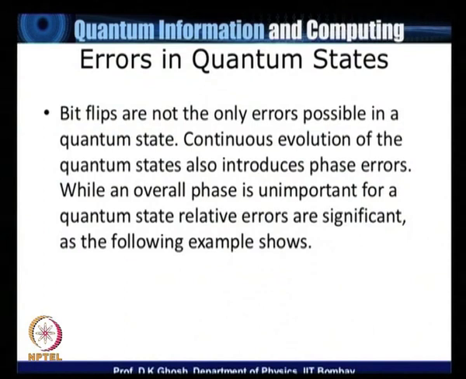Continuous evolution of the quantum states also induces, as we said, phase errors, and while a general overall phase error is unimportant for a quantum computation, for the simple reason that two states which differ by an overall constant represent the same state, if there is a relative phase between the components of the same state, then of course that creates a problem.